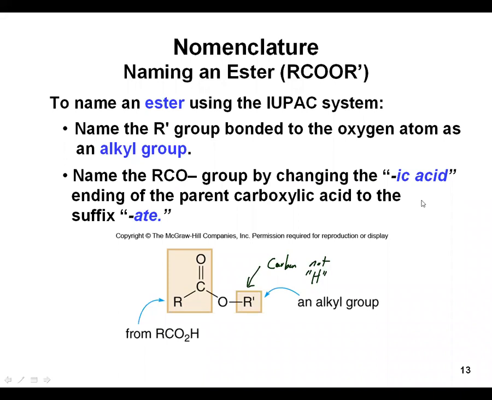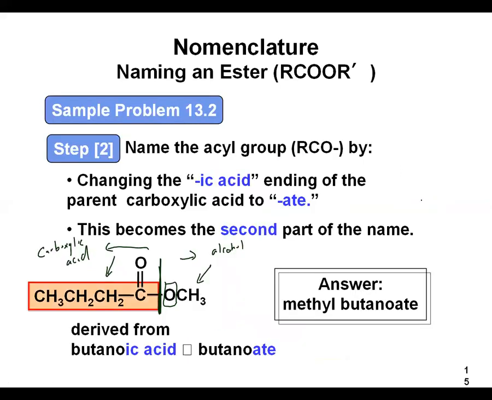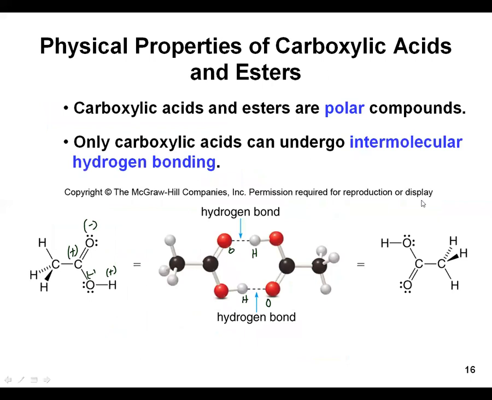It can hydrogen bond with something else, but it cannot do the hydrogen bonding, if you will, because it doesn't have that hydrogen that's there. So a carboxylic acid, which does have that hydrogen in that place, is able to do hydrogen bonding with itself and other things as well.